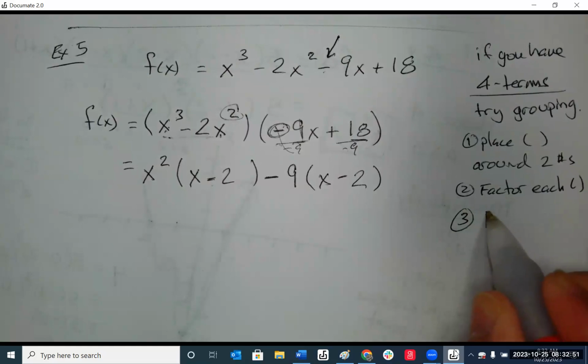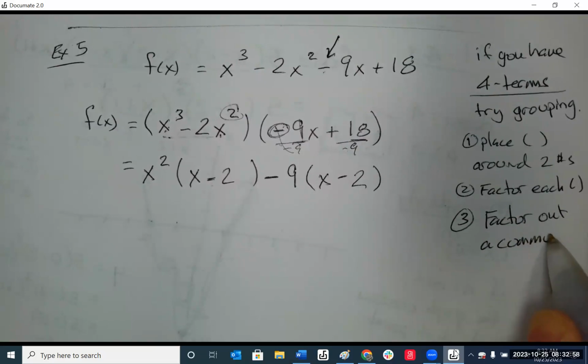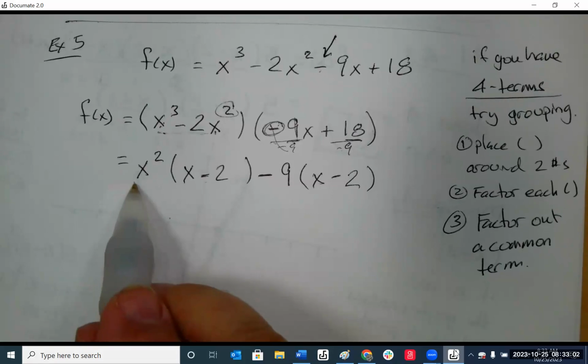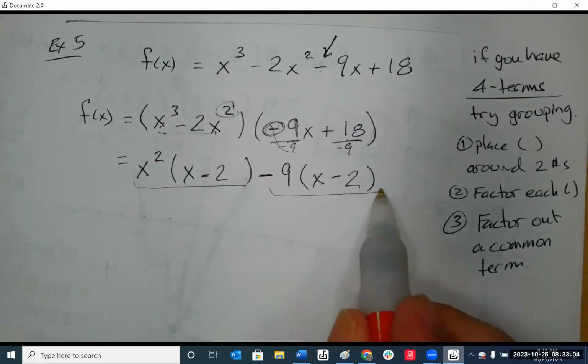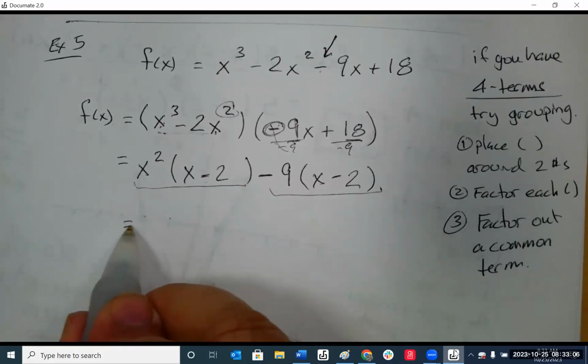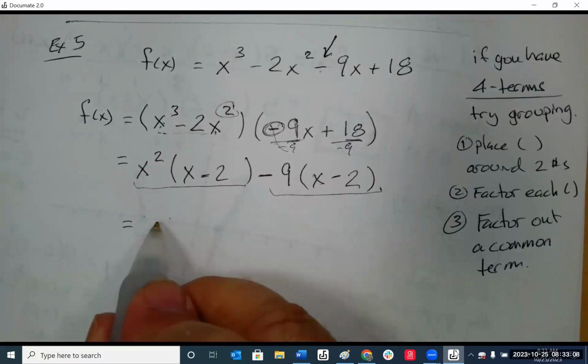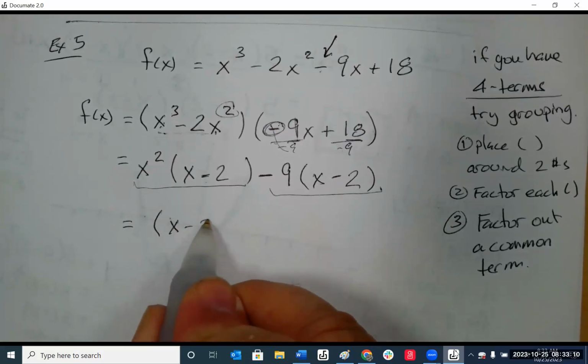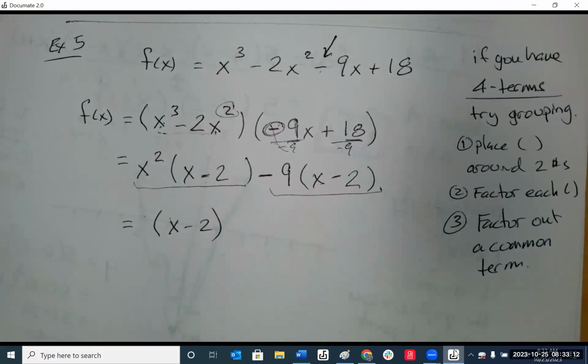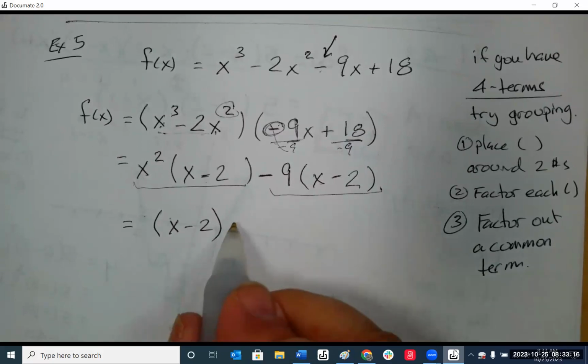Step 3: factor out a common term, because we only have 2 terms here. And they both have an x minus 2 in common. So I take out the x minus 2 and put everything else inside parentheses.